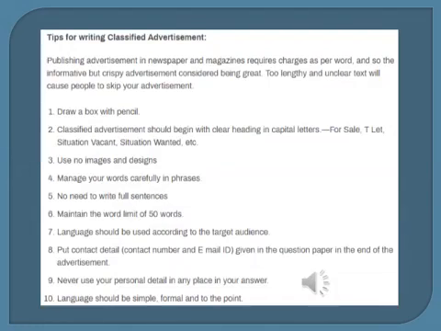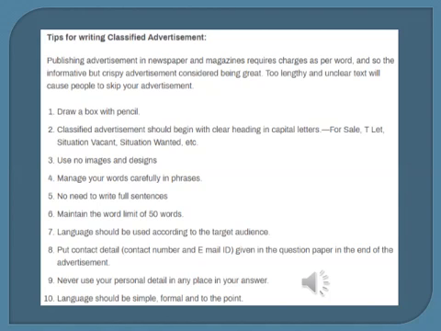Now let us move on to the classified advertisement. So we have already seen drafting of classified advertisements as well as commercial advertisements. So the important tips that you should remember: draw a box with pencil. Remember that when somebody is publishing an advertisement in a newspaper, he is charged for words.